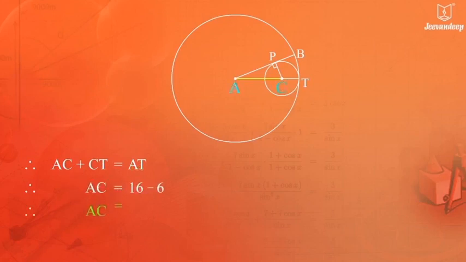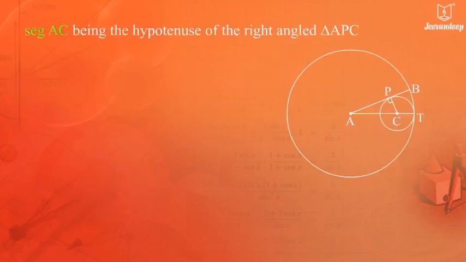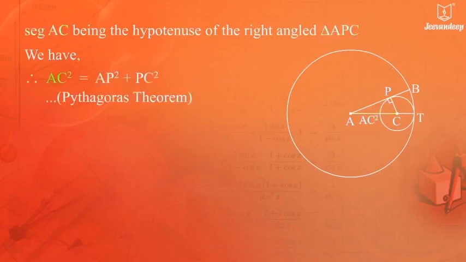Therefore, AC equals 10. Segment AC being the hypotenuse of the right angle triangle APC, we have AC square equals AP square plus PC square, according to Pythagoras theorem.